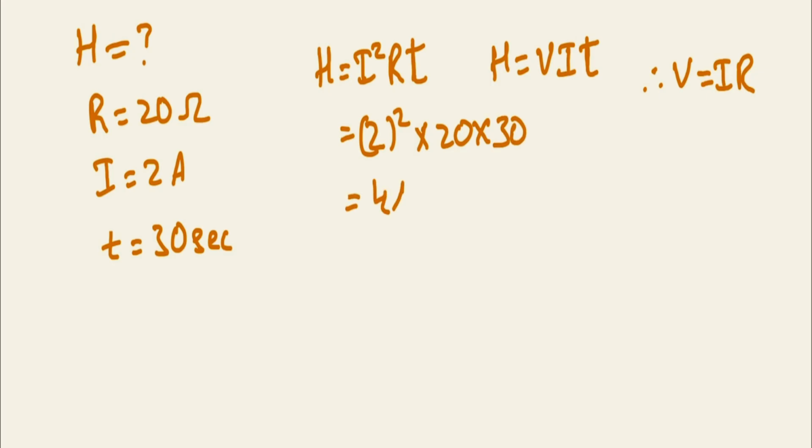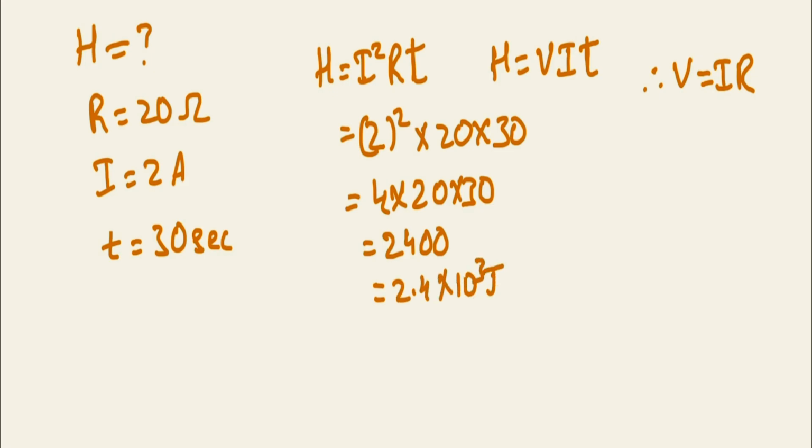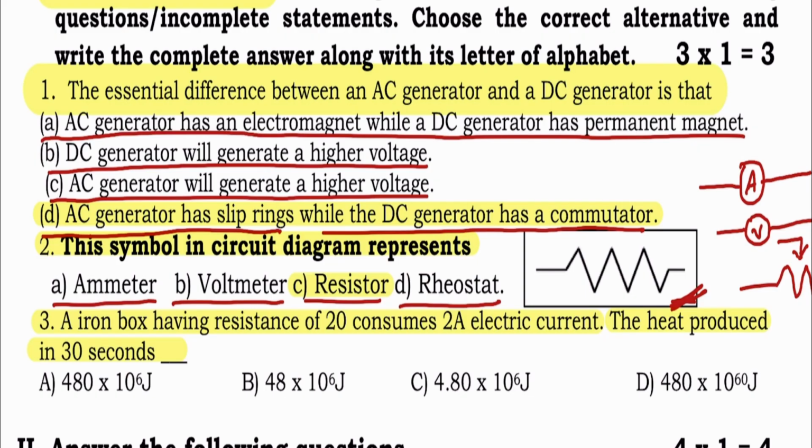So if you solve this, you will get 2400. You can write this as 2.4 into 10 to the power of 3 joule. We denote energy as joule since heat is a form of energy. They have given the wrong options here. So the answer is 2.4 into 10 to the power of 3 joule.